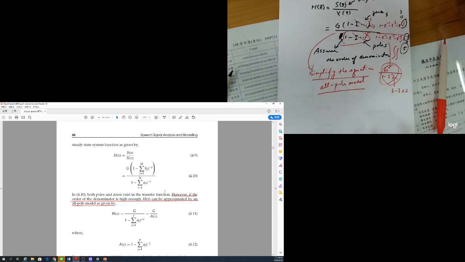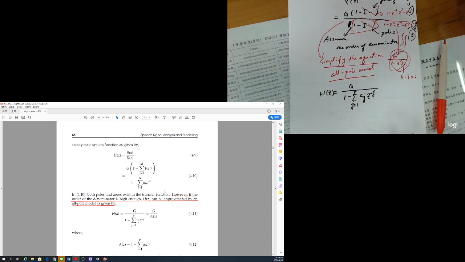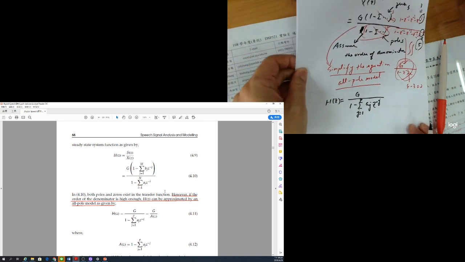Based on this assumption, you can get H of z as the gain and then only a summation over p, because this is your z transform, 1 minus a_j z to the minus j, like this. So you can see we assume it is an all-pole model.